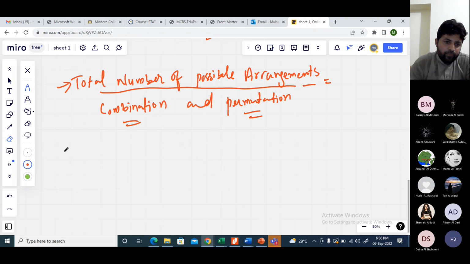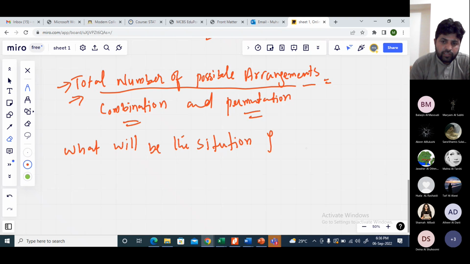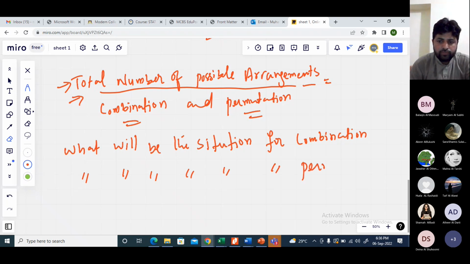Now, the problem comes next. If combination and permutation give the total number of possible arrangements, then in what situation will we use combination, and what will be the situation for permutation?